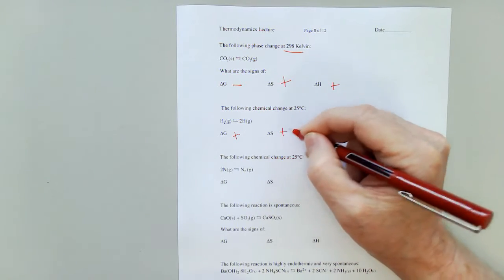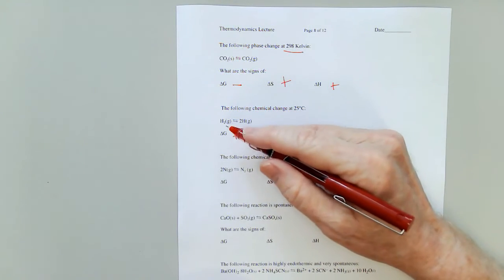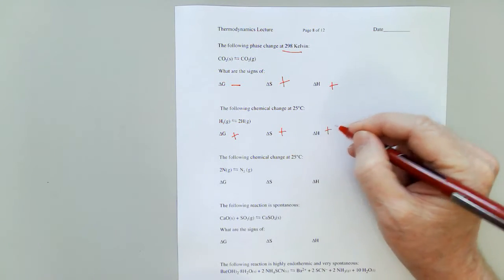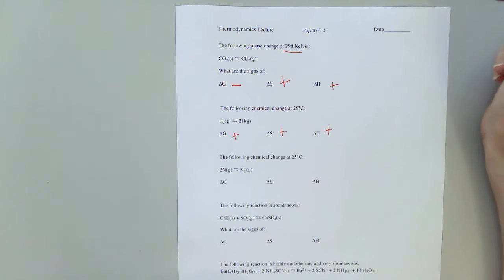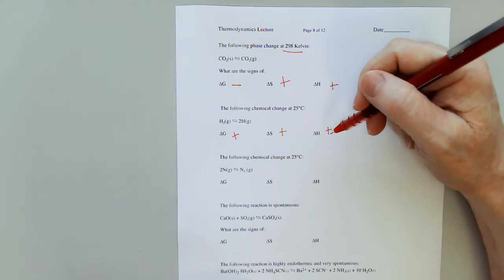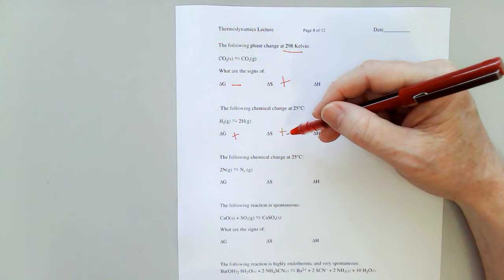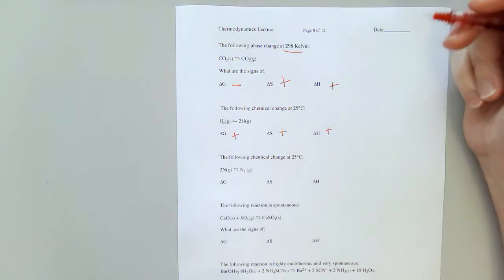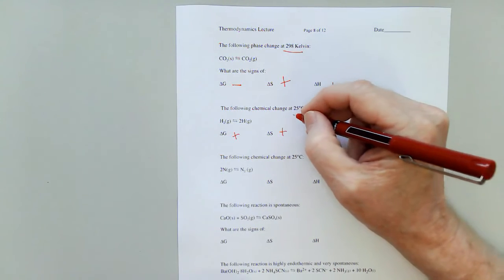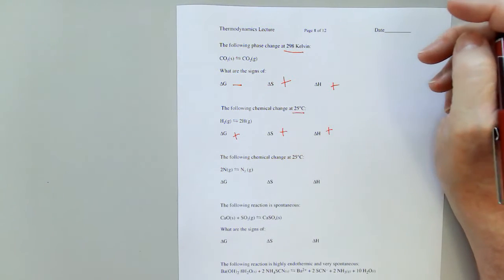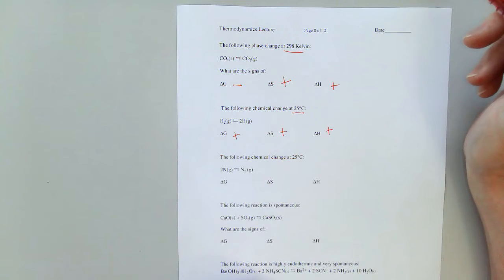Now entropy would go up because one particle is turning into two particles, and energy must go in, so delta H is positive. Now, is it possible for a reaction that has a positive delta H and a positive delta S to be spontaneous? The answer is yes, but not at a low temperature like 25 degrees Celsius. It would have to be an incredibly high temperature.